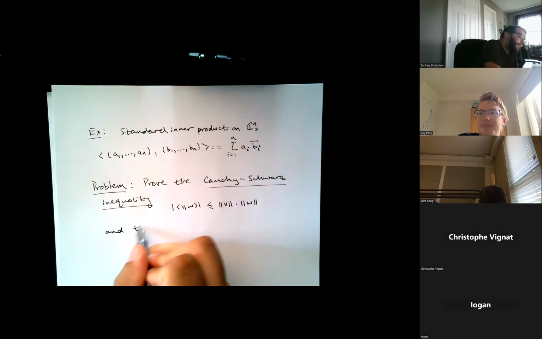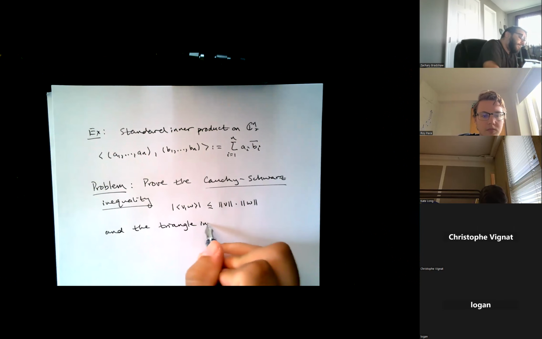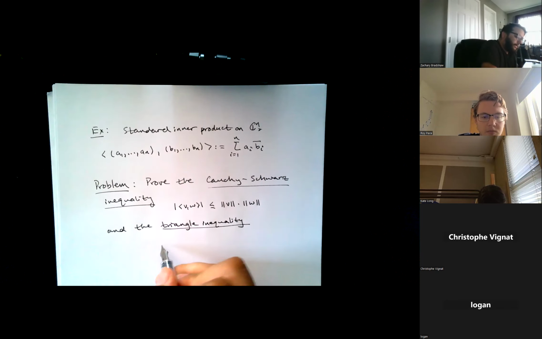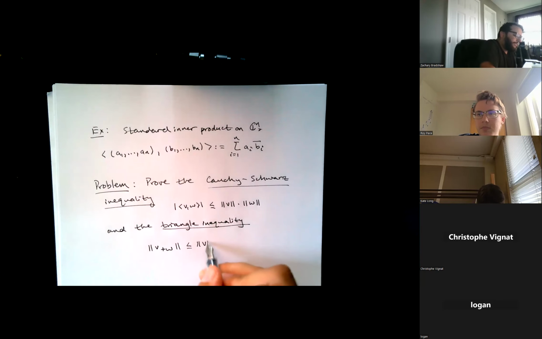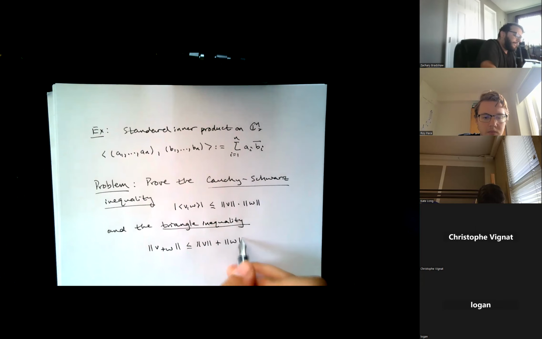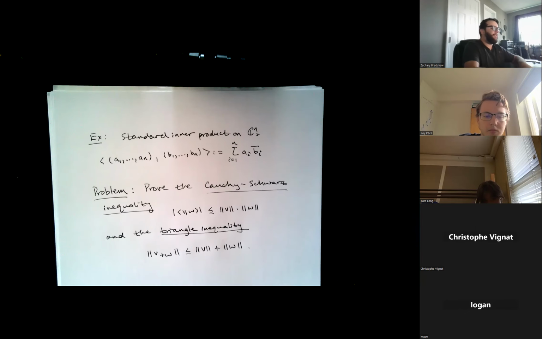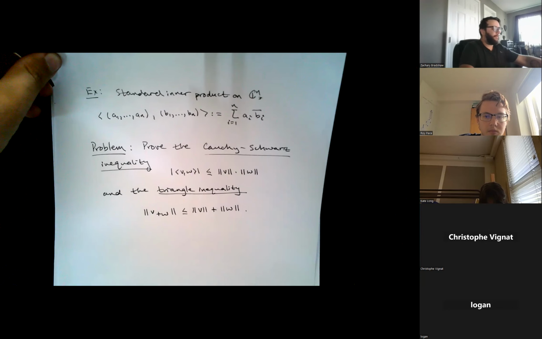We also have the triangle inequality, which says that the norm of v plus w is less than or equal to the norm of v plus the norm of w. If you don't know the proofs of these, I suggest you look them over. They're good ones to know.